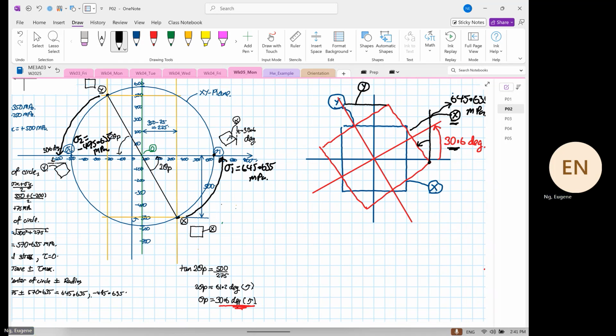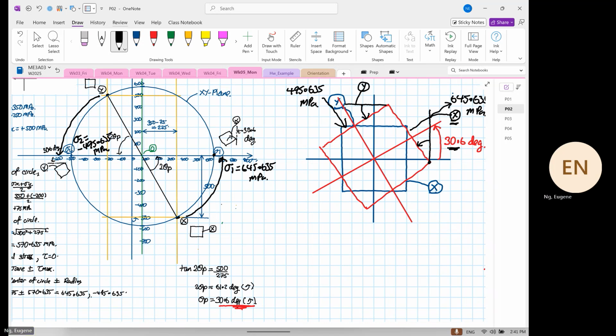Again, from point Y, we rotate anti-clockwise by 30.6, and this results in a compression stress of minus 495.635 megapascal.